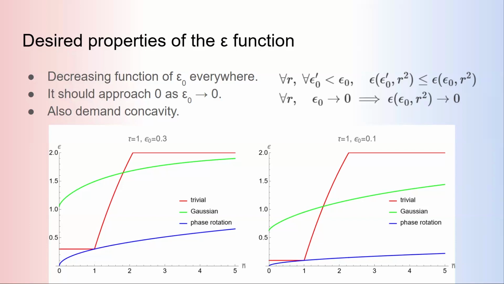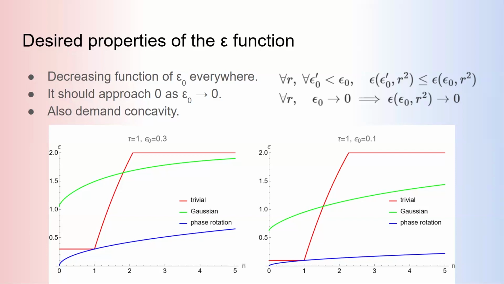If I get a smaller epsilon naught, I've got a smaller bound, and if epsilon naught went to 0, it would just be 0. So we can construct these bounds, and the more we know about the channel class, the better they are; the more general we are, the less good they're going to be.